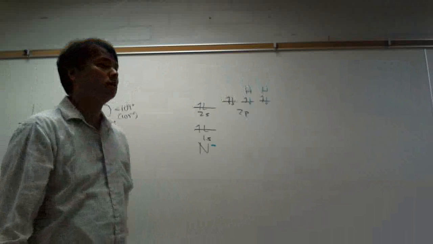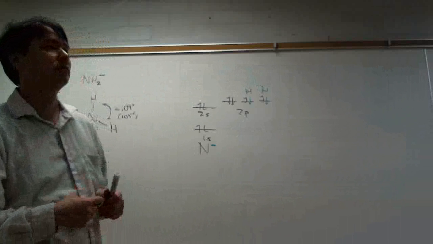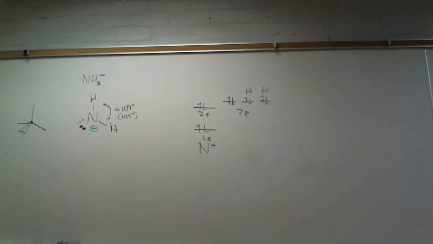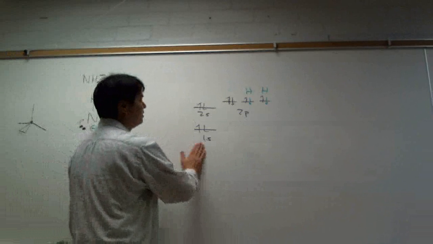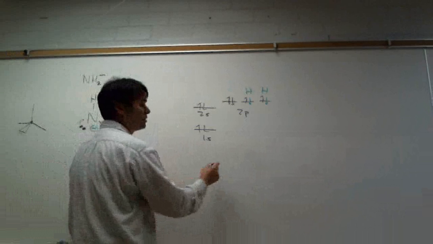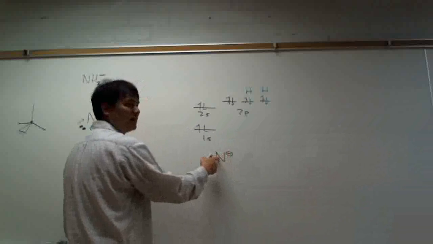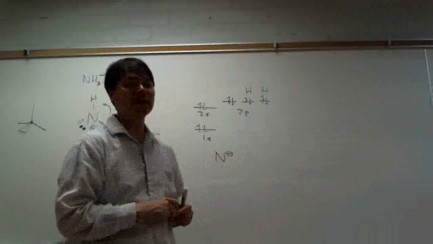So you said that nitrogen has 6 valence electrons, and that normally nitrogen has 5 electrons, but nitrogen with a negative formal charge will have 6 electrons. It's like chlorine.